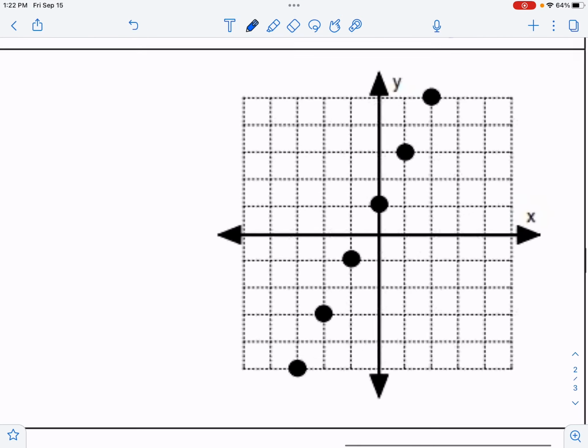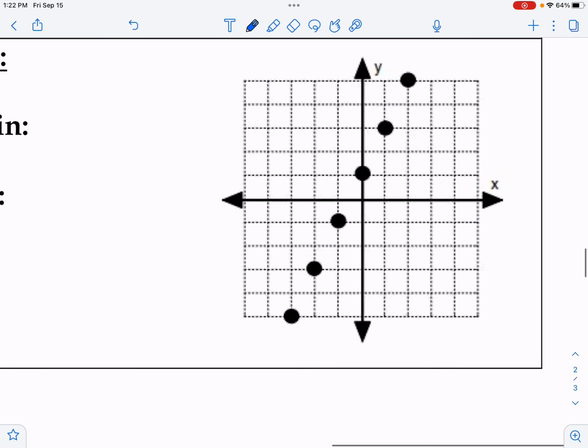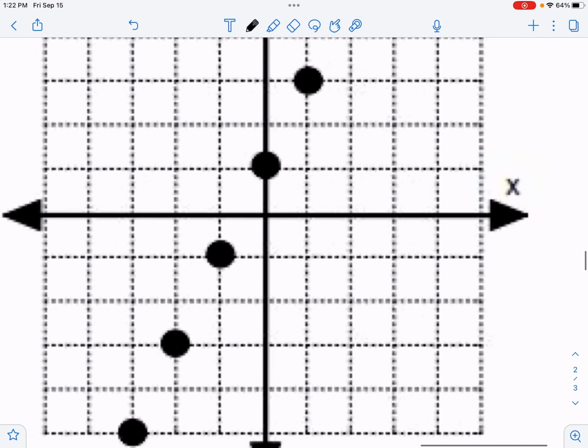The graph is probably the hardest. Whenever you have a graph, if they don't label the axes, go ahead and label them.